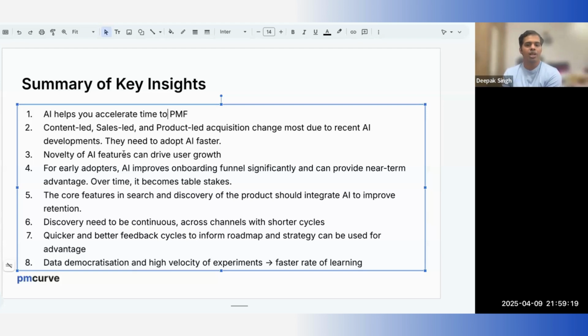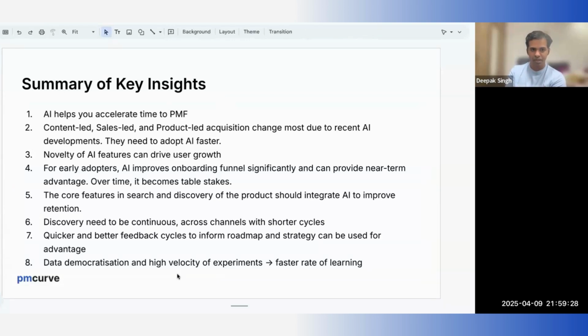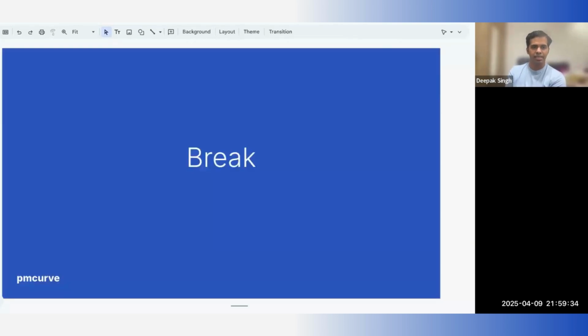And finally, you'll have a much faster rate of learning because of data democratization and high velocity of experiments. Right. So this is what I would say is how AI actually changes some of the things that we are talking about.